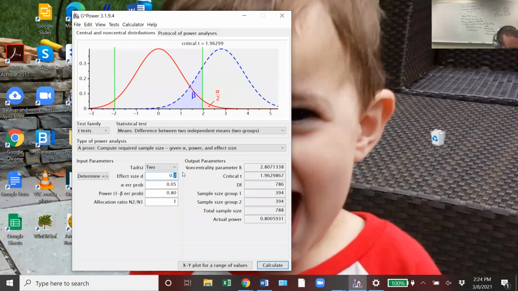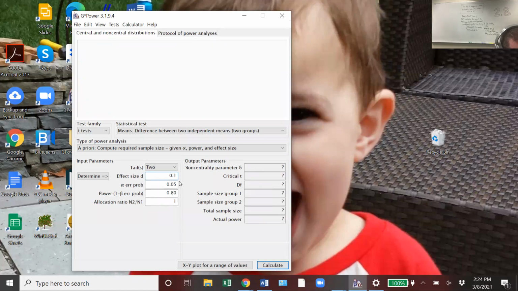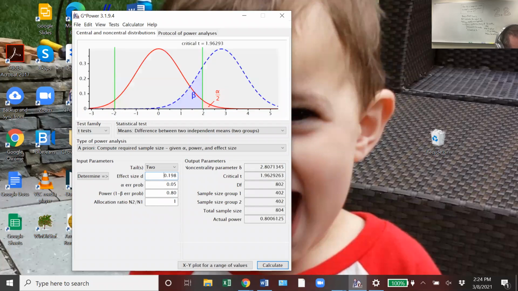In fact, if you play around with this, I think it's 0.198. So 0.198 is the actual effect size that 800 observations gives you. So that's what we used, and we set our sample size of 1,000 in order to get 800.